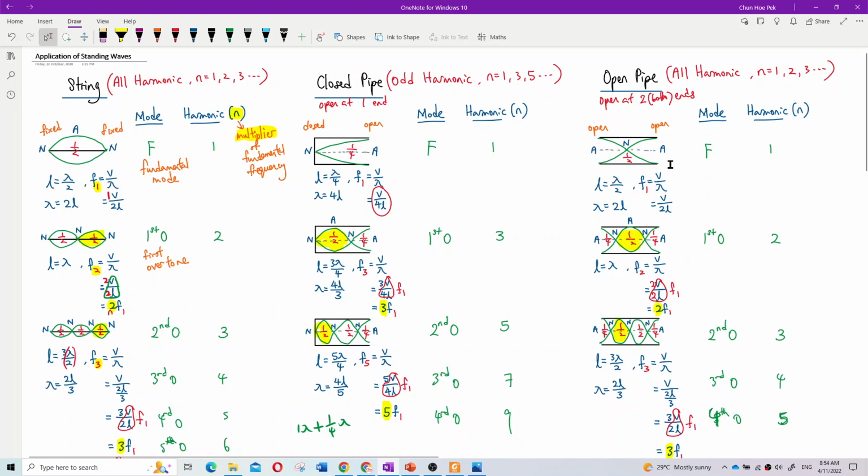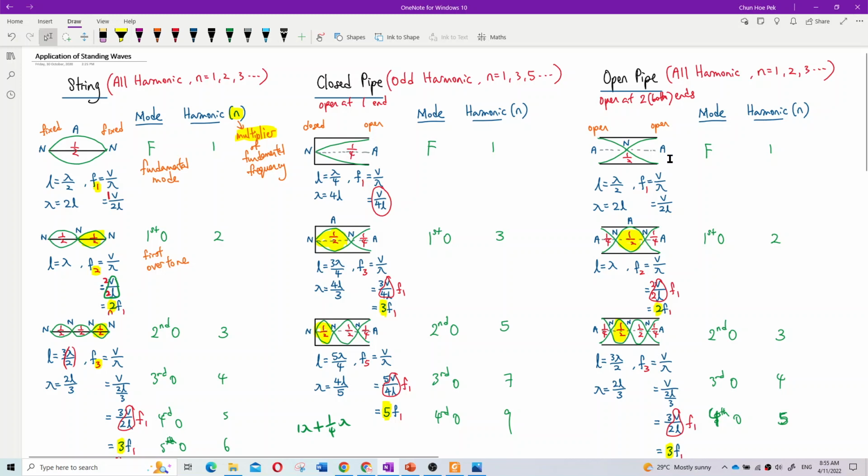Okay, class, we learned before, antinode to antinode, how far? How far is antinode to antinode? Half lambda. Antinode to antinode is the same as node to node, isn't it? Yes. So this is half lambda. This one also half lambda.